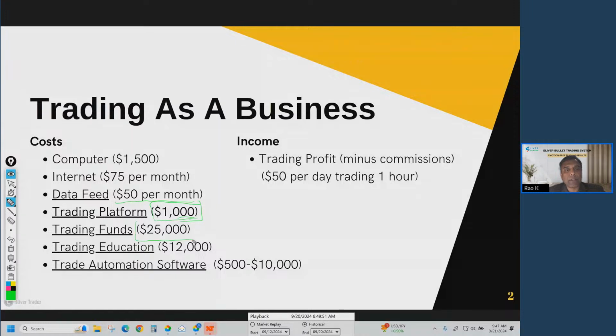Then next component, which is a big item, is the trading funds. To be able to trade, you need to put down some money. Not put down. You need money. You need to have money to buy stock and be able to sell. And any brokerage in the United States requires you to have at least $25,000 in the account to be able to do the kind of trading we do.